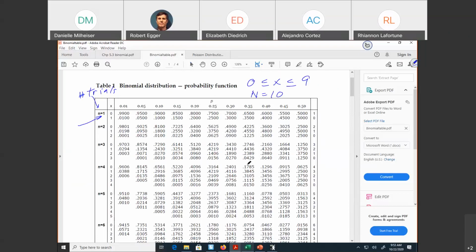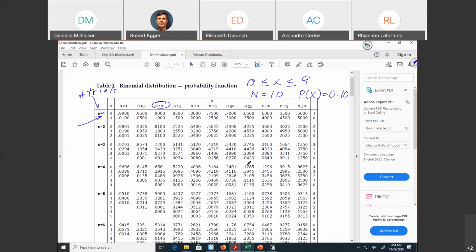So 0, 1, 2, 3, 4, 5, 6, 7, 8, 9 in terms of unique values is 10 of them. And if each value 0 to 9 has an equal probability of being picked, that means the probability of a specific value of x is going to be 1 over 10, or 0.1. Which means P is 0.1.